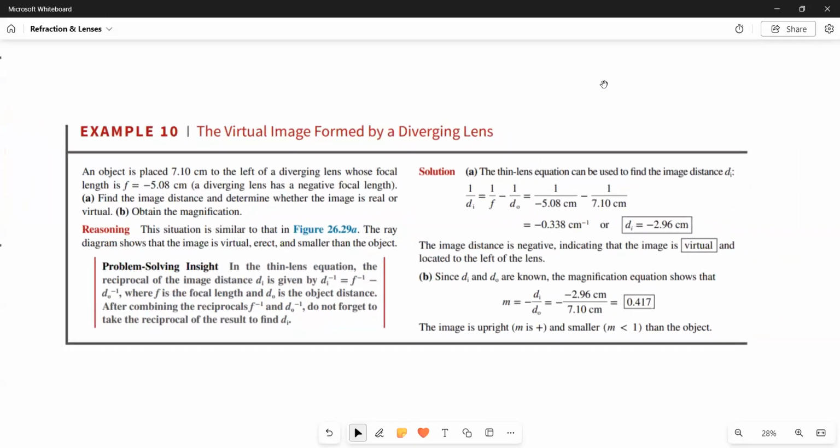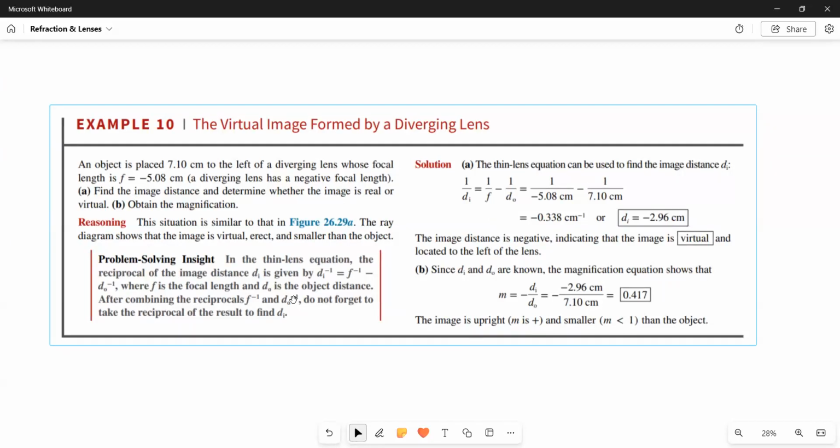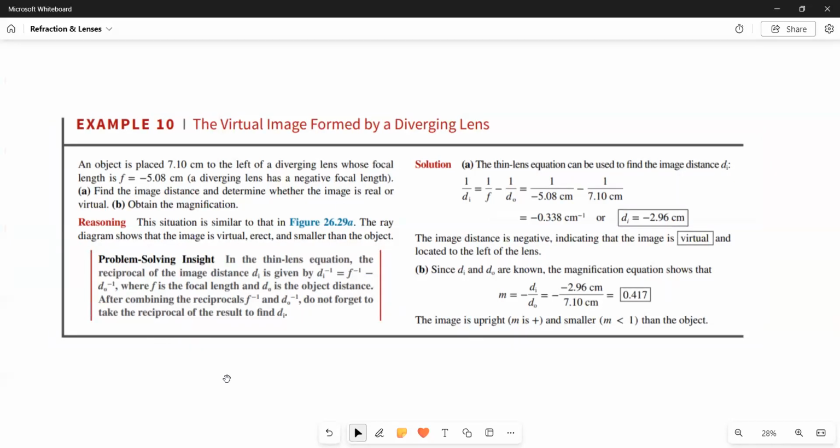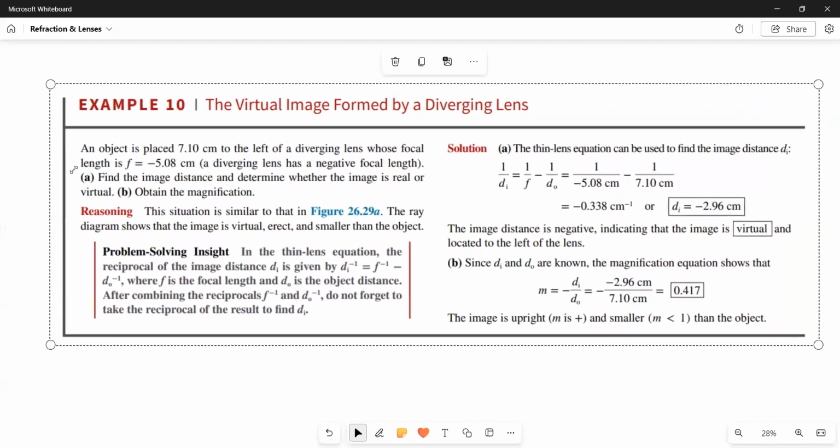And this is another one. An image formed by a diverging lens, right? You don't see this in everyday life so much, right? So here it is. Let me make it a little bigger. So you have some object 7.1 cm to the left of a diverging lens whose focal length is negative 5.04.